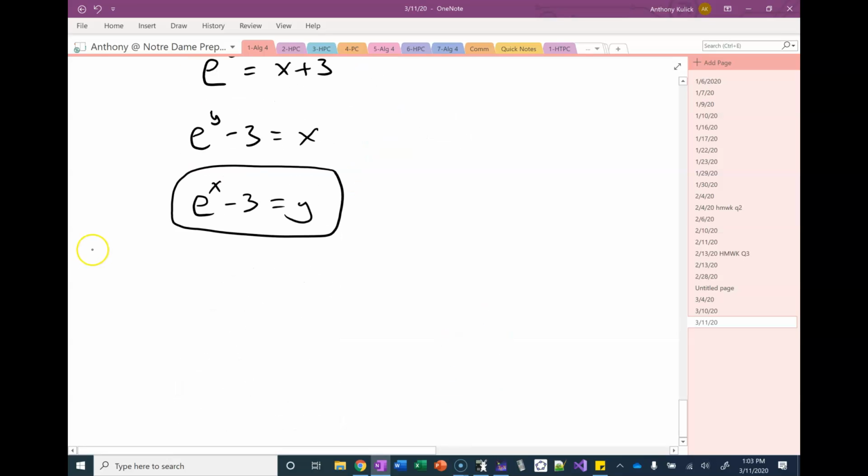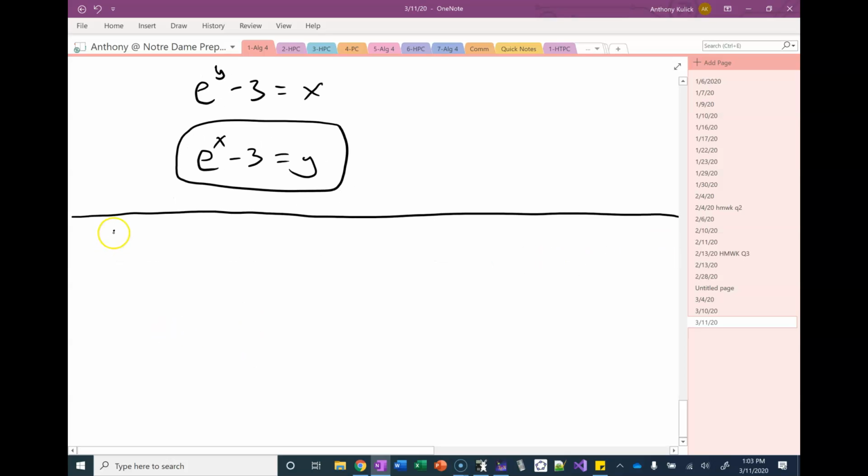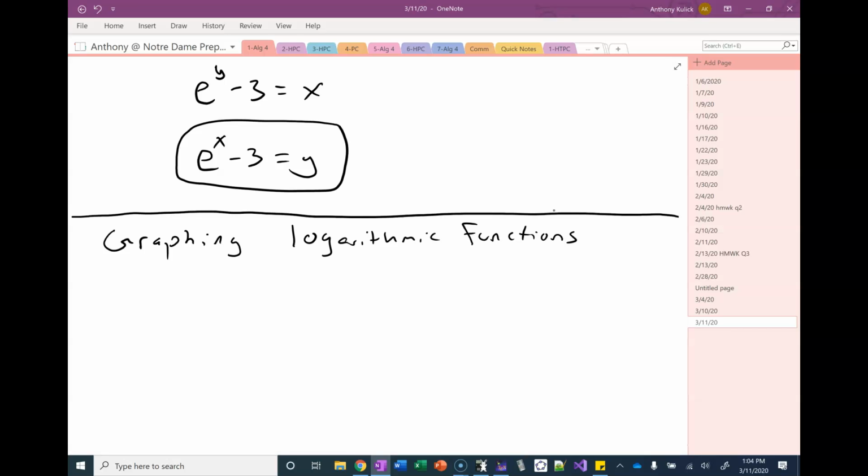The last topic I want to talk about today, and it's kind of a long one, is graphing logarithmic functions. Okay, so just to reiterate, this is like the second or third time we're saying this today, exponential and logarithmic functions are inverses.